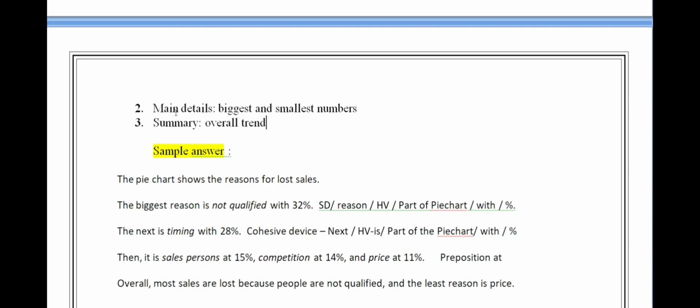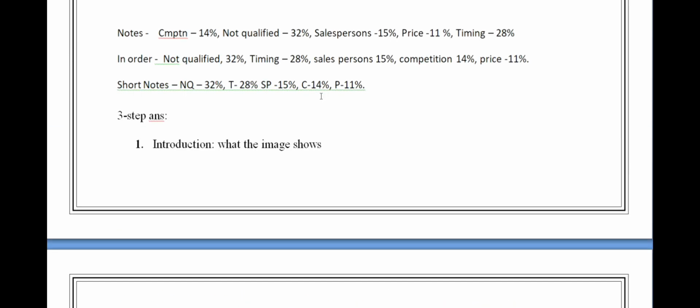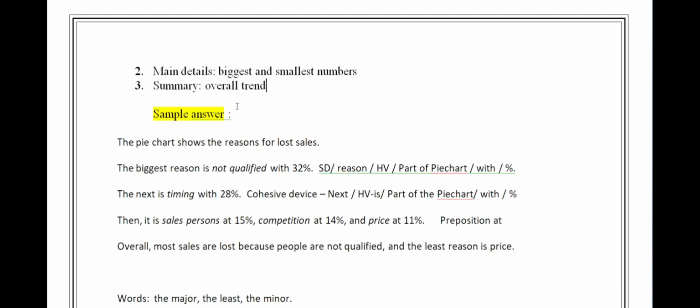What is the second part? The main details, the biggest and the smallest numbers. We have already kept them in the clear order. So our note-taking strategy is also perfect. Now, we speak about the highest and the lowest numbers. So the sentence: the biggest reason is not qualified with 32%.